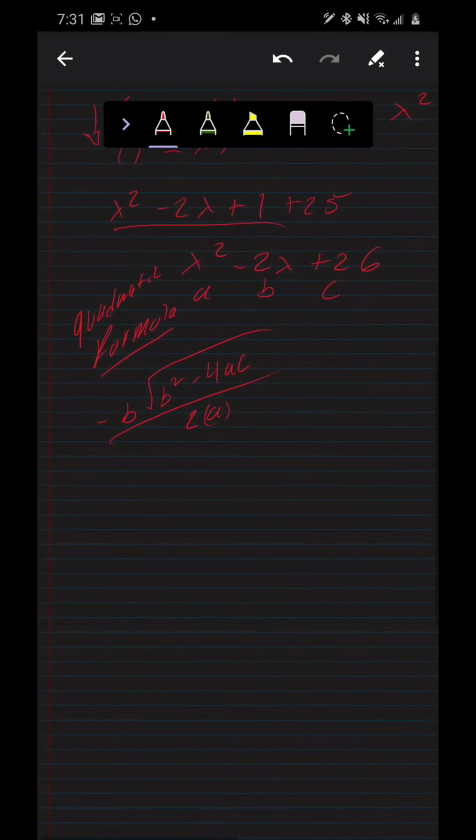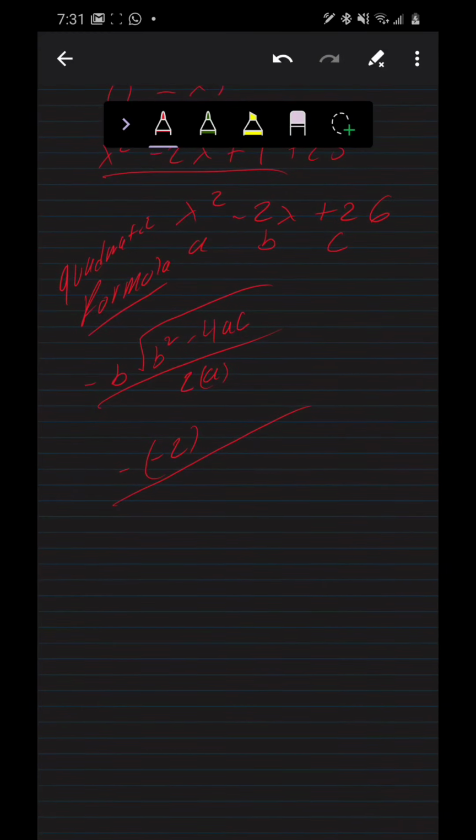And then, from there, let's try to solve it. So b is going to be negative 2, negative 2. Sorry if I'm writing vertical. Hopefully you can understand.